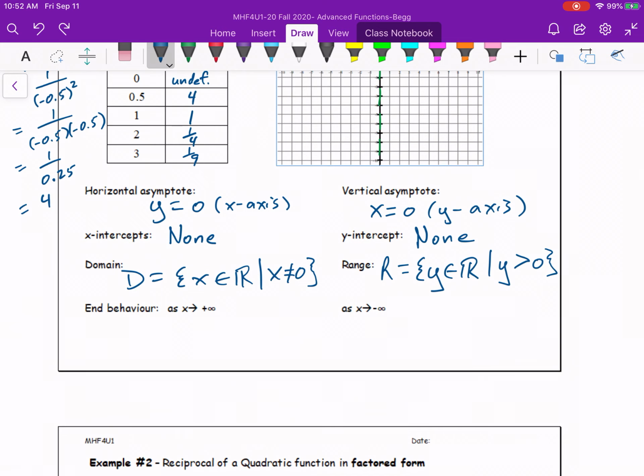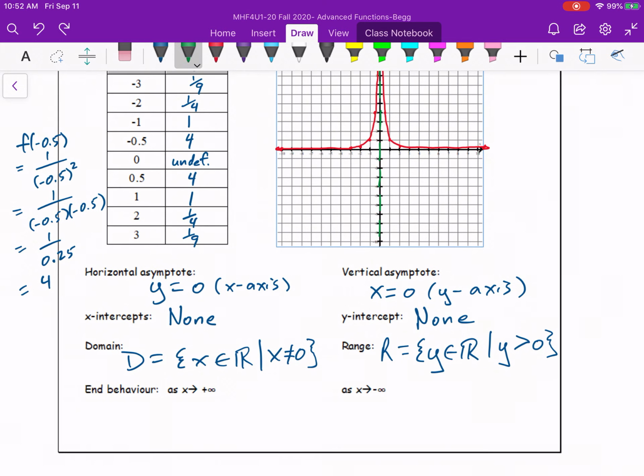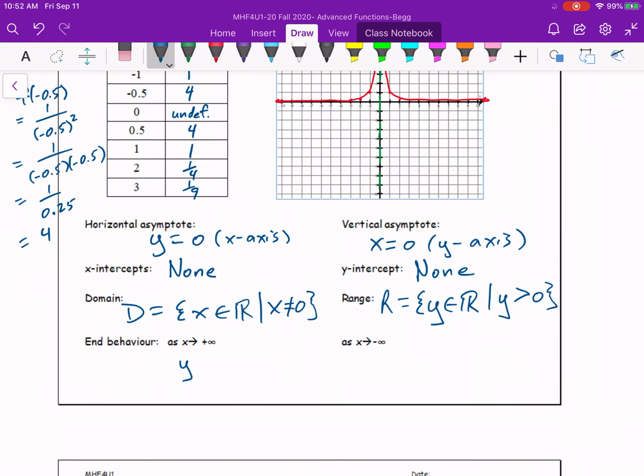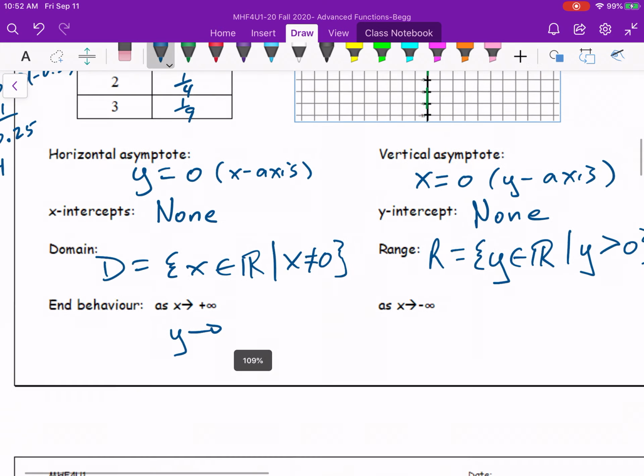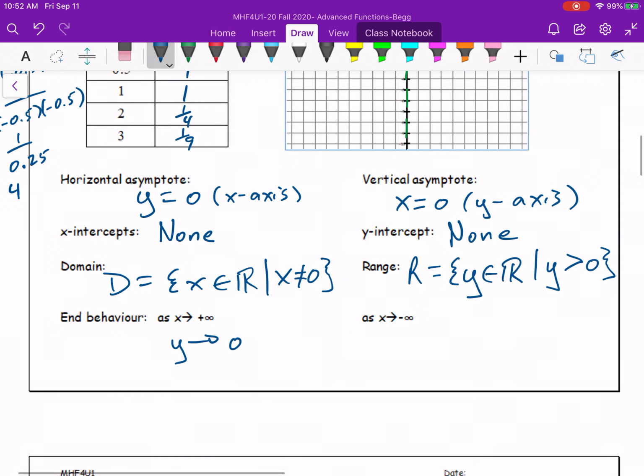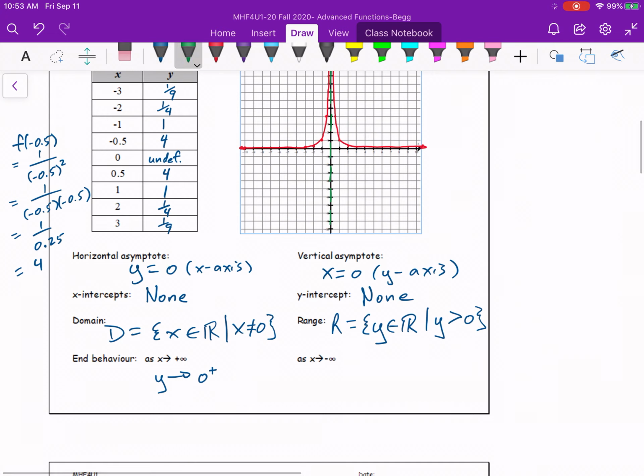As x approaches positive infinity, as we go this way, what's happening? Well, as we go out to the right from the center of the graph, y is getting closer and closer to 0 from above. And as we go out this way towards negative infinity, y is also getting closer and closer to 0 from above.